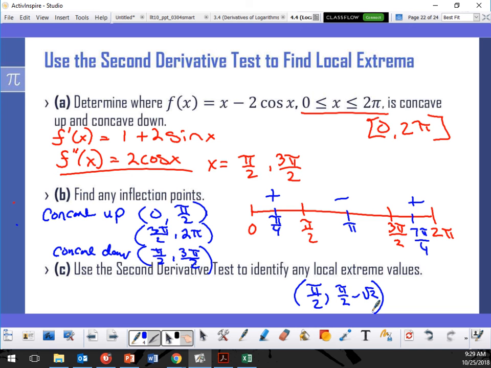Wait, cosine at pi halves is 0, right? Cosine at pi halves is 0. I don't know, someone told me it was going to be rad 2 over 2. Thank you. Oh my goodness.